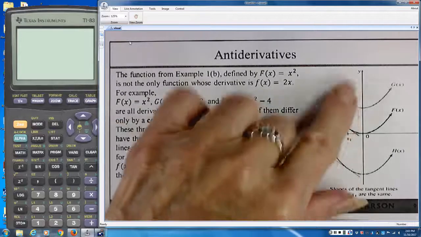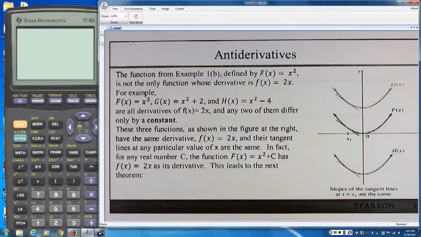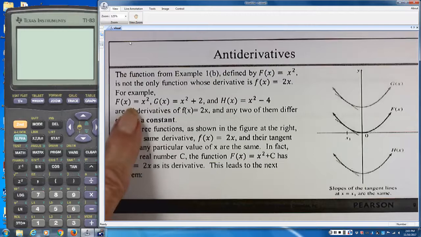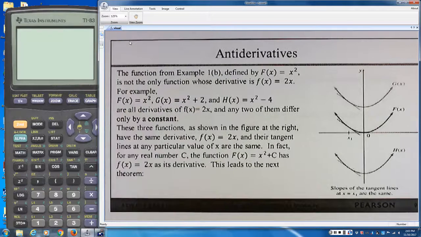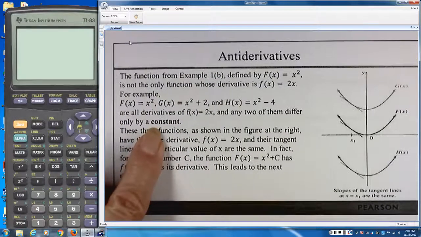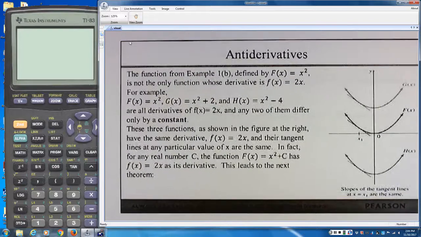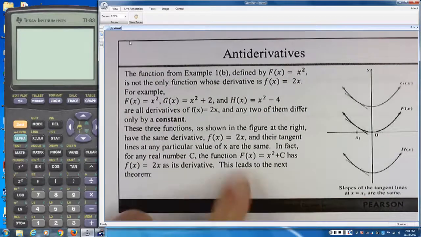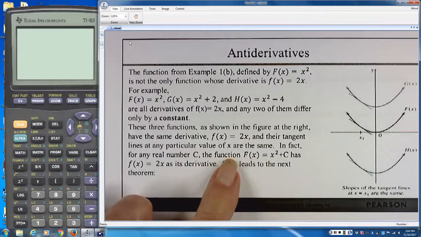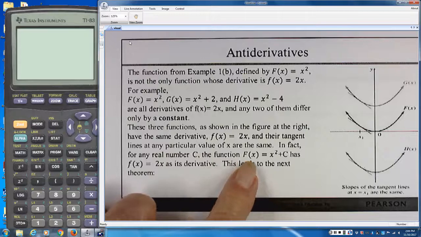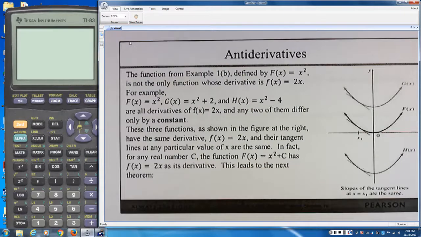But they have different y-intercepts, which tells you that they're all basically this function plus or minus a constant. And since that constant could be positive or negative, we could just say plus the constant. So that's actually how we're going to write our antiderivatives. For any number c, the function capital F of x equals x squared plus c is actually the definitive antiderivative.